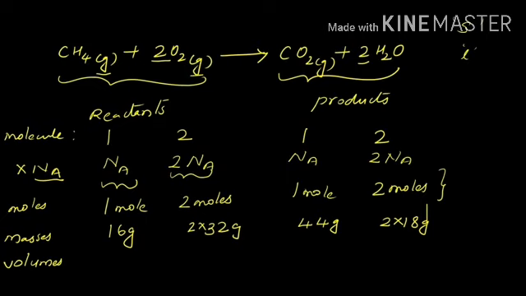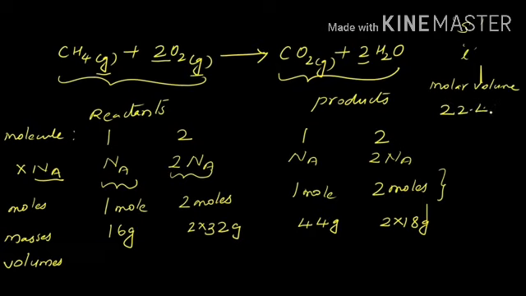Next is how we can relate it with volumes. Volume is a topic that I forgot to mention in the last class. Volume is a standard quantity. That means 1 mole of any substance, if all the substances are in the gaseous state, occupies 22.4 liters.